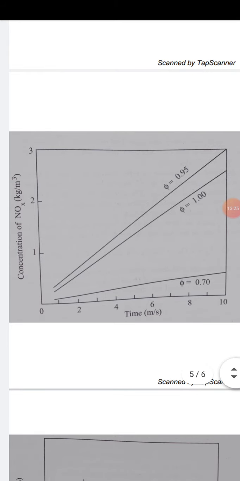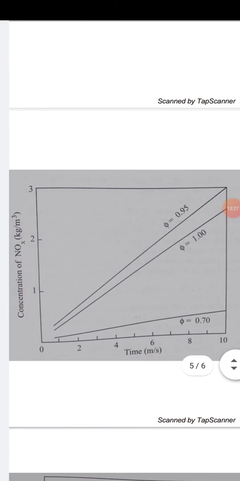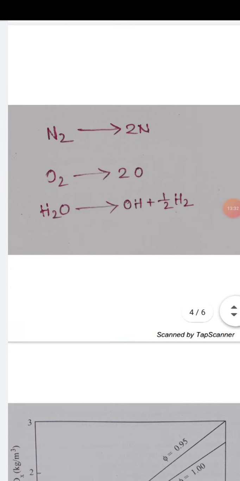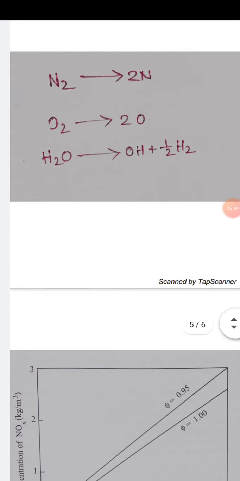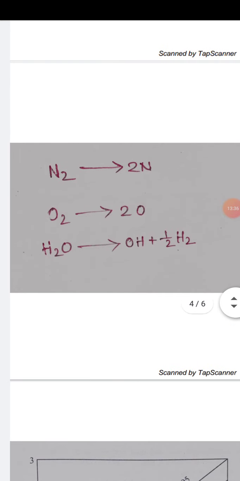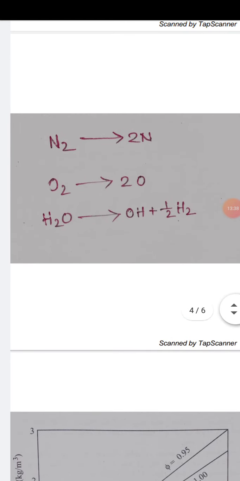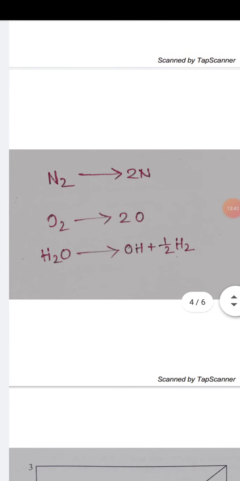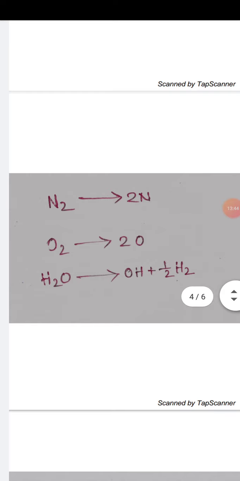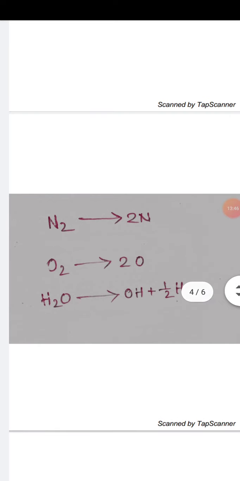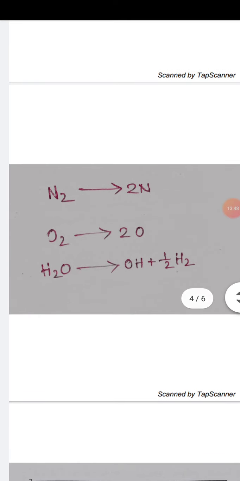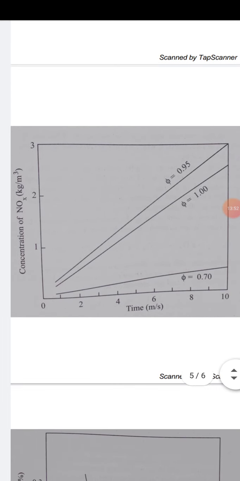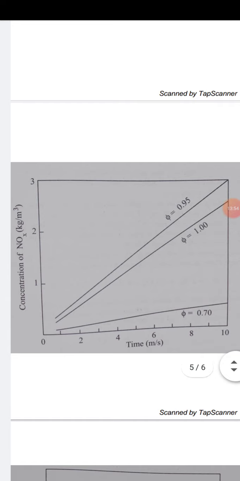The supply of extra oxygen can generate NOx emission in the high temperature range, near about 2600 Kelvin, and this is possible in the lean mixture.